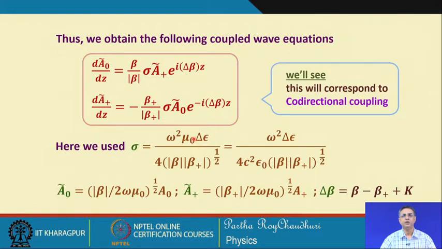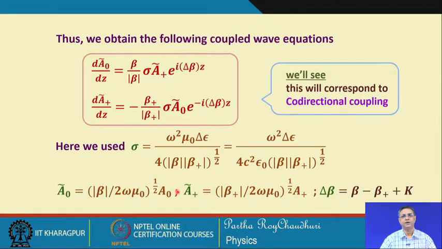So, mu naught epsilon naught by epsilon naught, this will give you 1 by c square. So, that is the reduced form, and this is useful for the coupling coefficient calculation, and this A 0 we have written for this part, that is beta mod by twice omega mu naught under root of that into A 0.